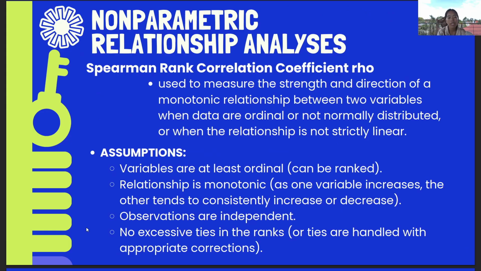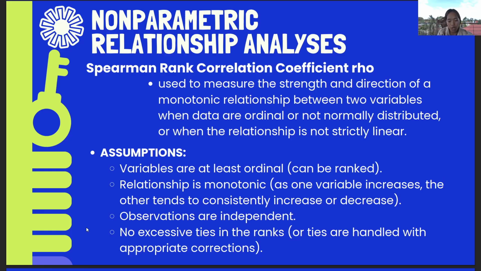We have also the Spearman rank correlation coefficient, or rho, used to measure the strength and direction of a monotonic relationship between two variables when data are ordinal or not normally distributed, or when the relationship is not strictly linear. Its assumptions are variables are at least ordinal.